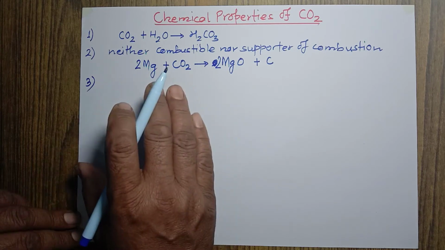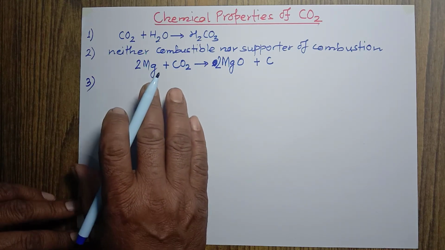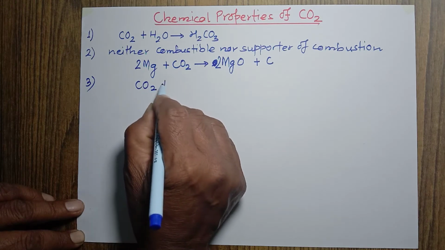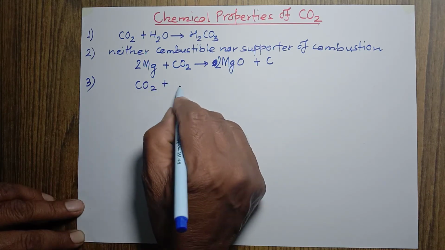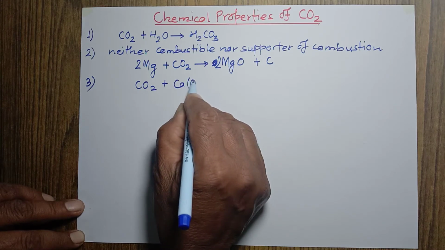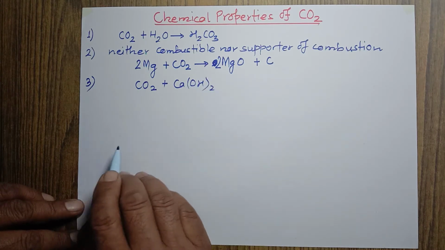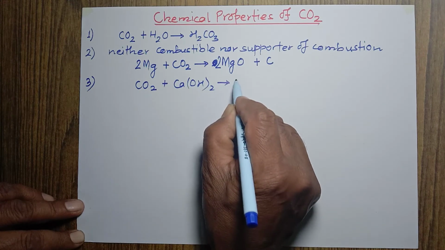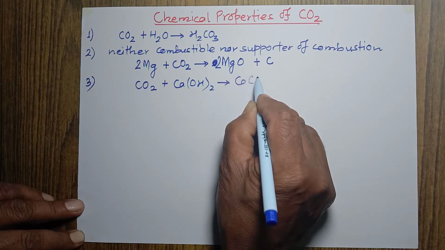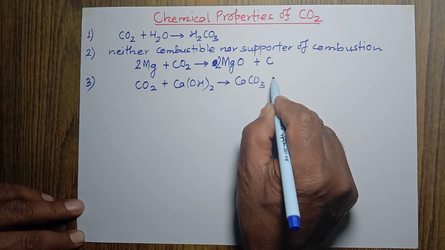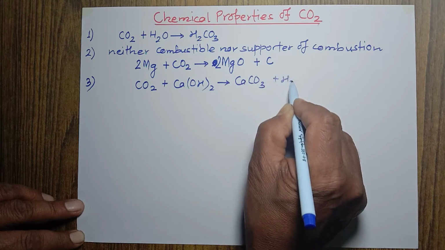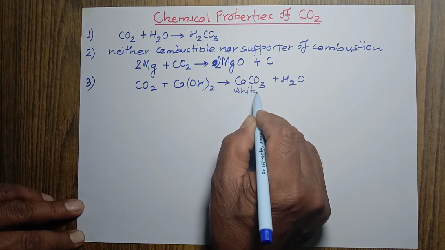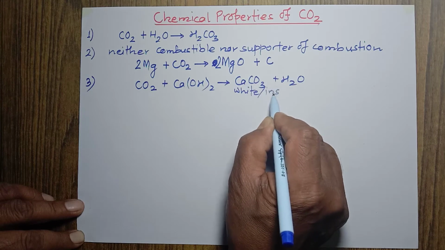When carbon dioxide gas is passed into lime water, meaning calcium hydroxide, which is also called slaked lime, then what is seen? White insoluble calcium carbonate forms. Look at this, this calcium carbonate is white and it is insoluble also.